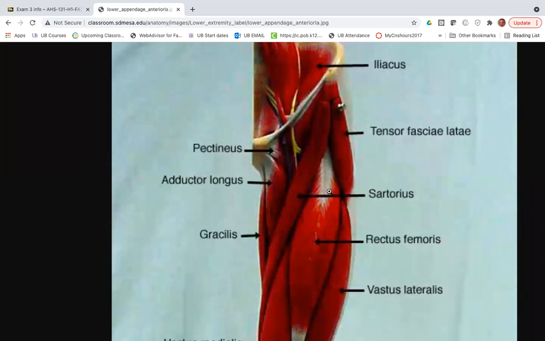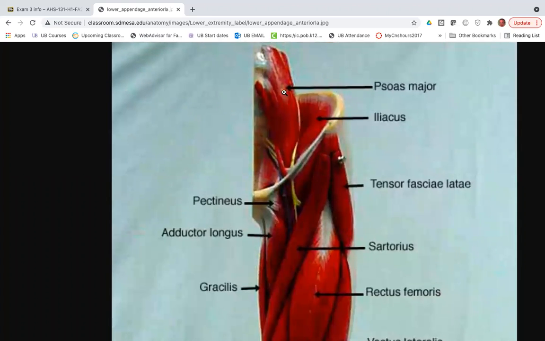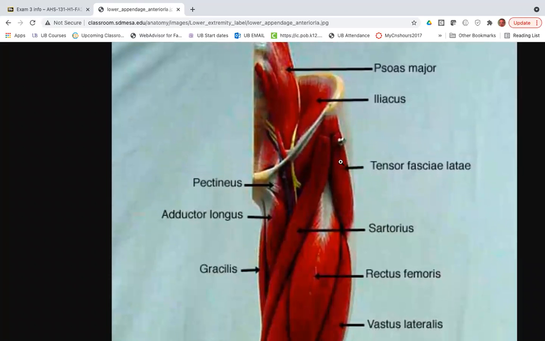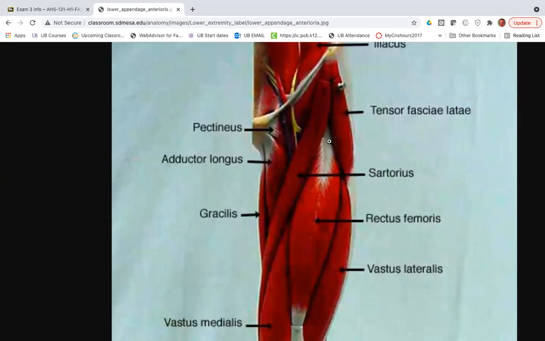Okay, what else do we have here on the anterior? So we've already done psoas major and iliacus. The insertion site for both of those is on the lesser trochanter of the femur. We did the TFL, the tensor fasciae latae, and here's the sartorius, which is the longest muscle in the body.